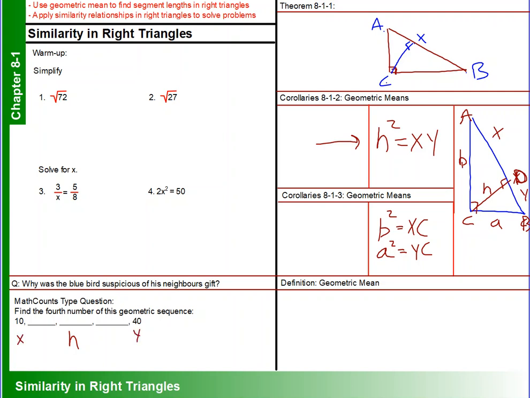So using the rule of geometric means, we know that h squared is equal to x times y. In this case, that means h squared is going to be equal to 40 times 10. So h squared is equal to 400. Take the square root, and so we get h is equal to 20.